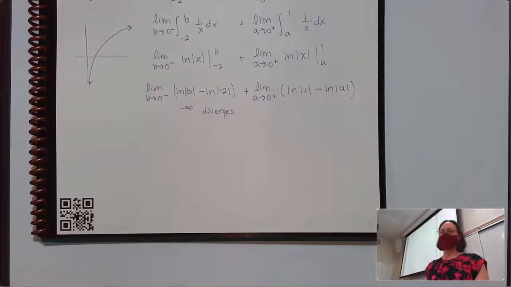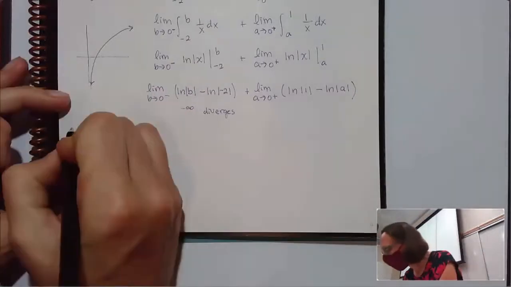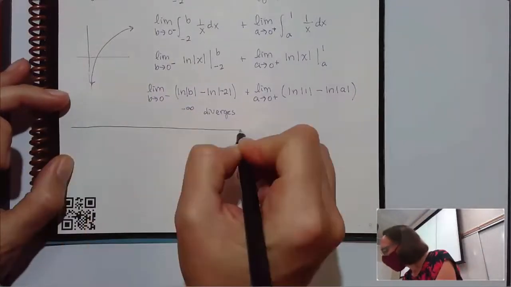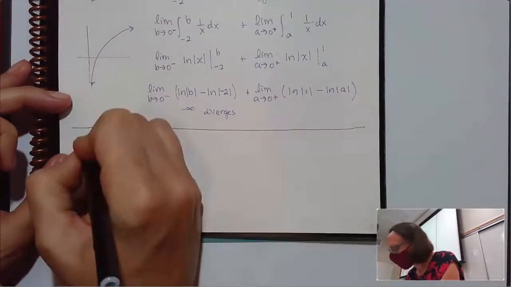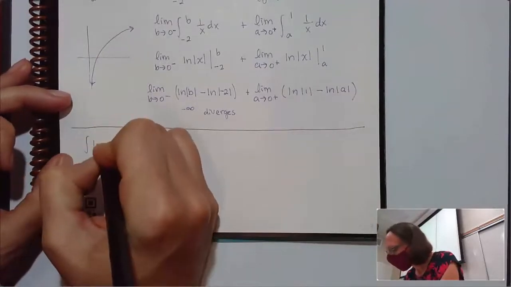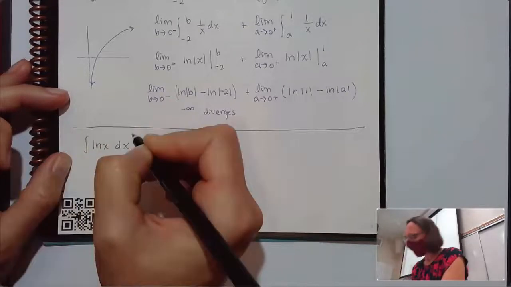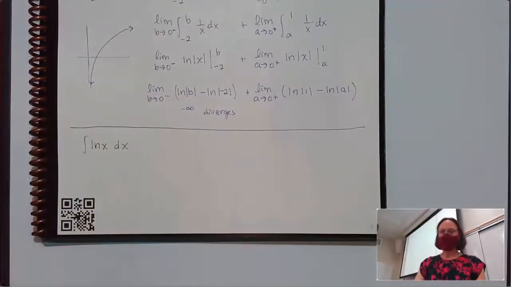Oh, the next one is actually one of my favorite integrals, because I just think we should all memorize the answer to it. I mean, obviously you have to show your work on the test, but you should just memorize the answer to this one.